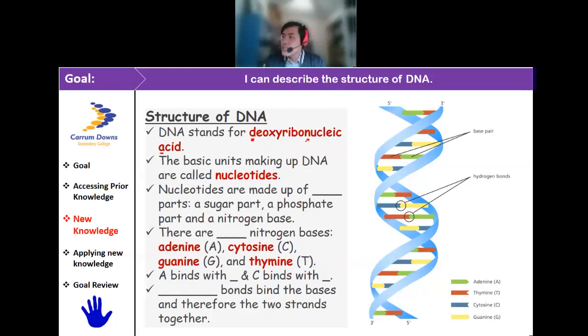So this is found in the nucleus, and it's an acid. Deoxyribonucleic acid.